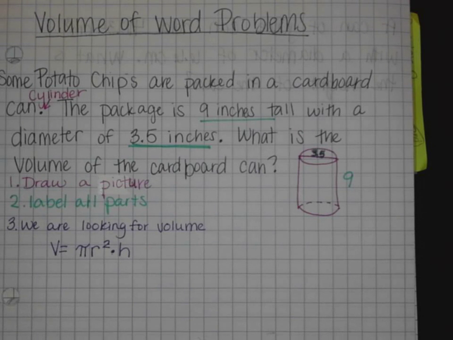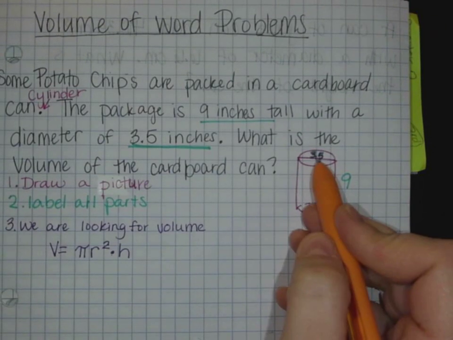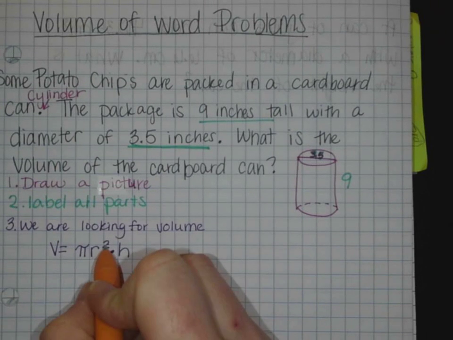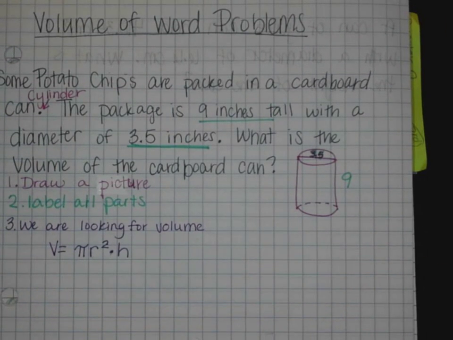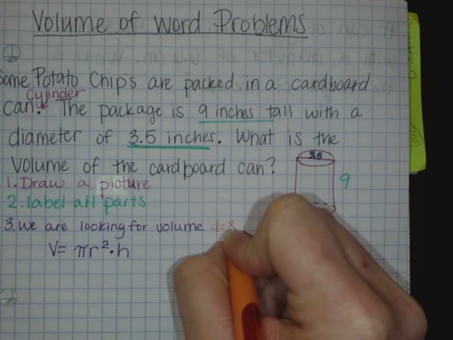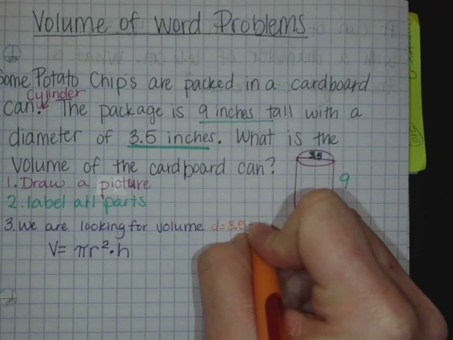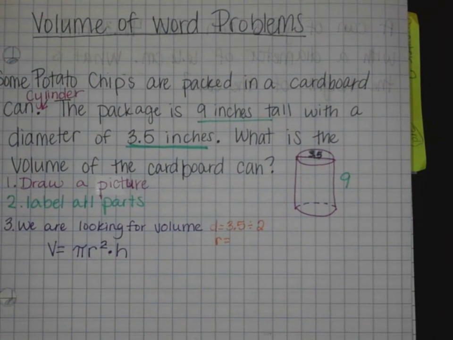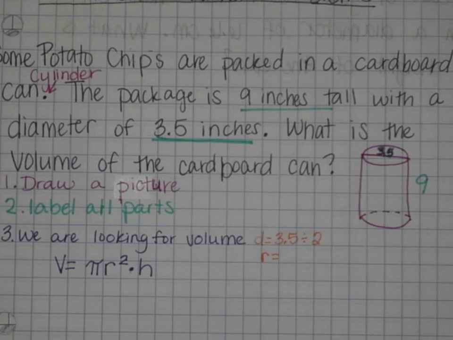So when we do this, plug in what you know. Now that 3.5 is not the radius. The 3.5 is actually the diameter. So keep in mind, we were given the diameter is 3.5, so we need to divide by 2 to get the radius. So I'm going to zoom in just a little bit more just because I feel like I'm writing really small.